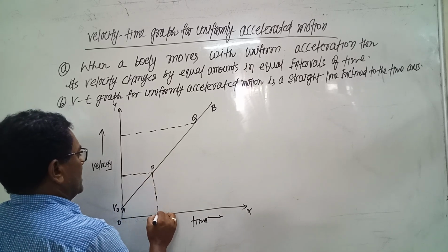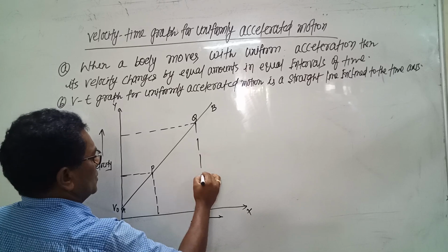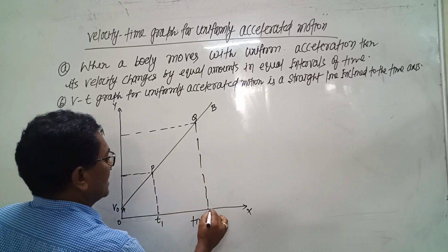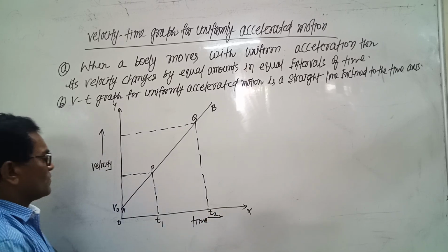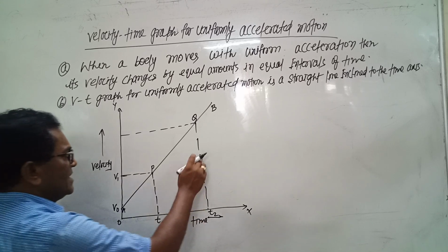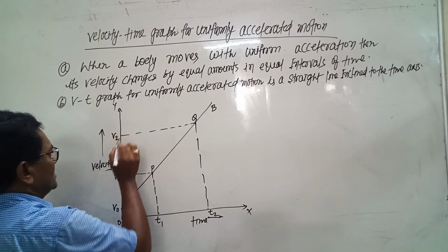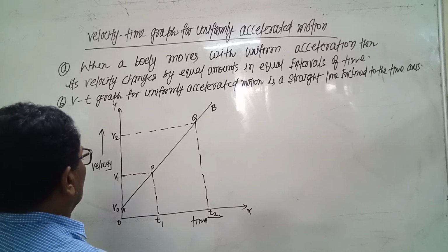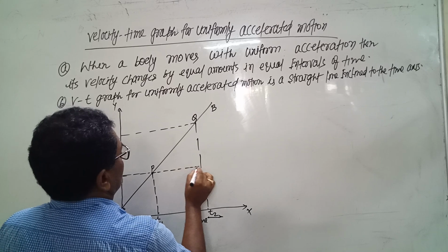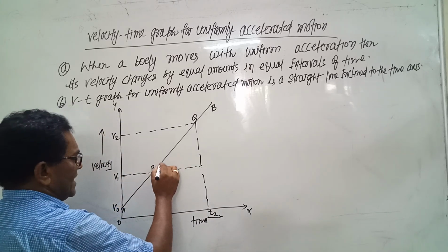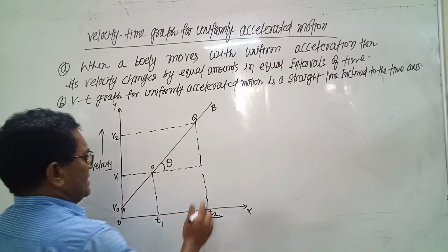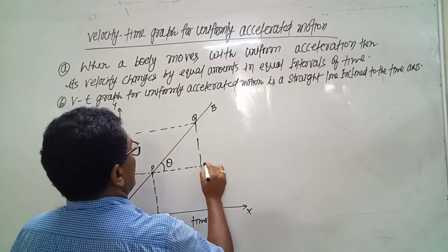Draw perpendiculars on the time axis, so we get 2 times, T1 and T2. At time T1 suppose the velocity is v1 and at time T2 the velocity is v2. Draw a line parallel to the time axis. Let this angle be theta, and name it PQR.